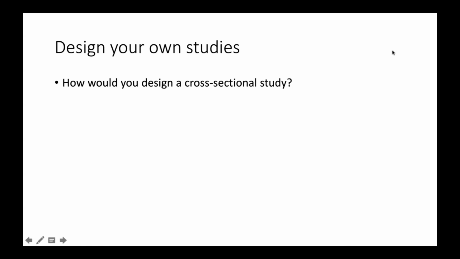You could use it to assess exposure. In all these studies, what you're trying to prove is relationships, right? There are different pros and cons of them, but how would I design a cross-sectional study to do with smoking and lung cancer?